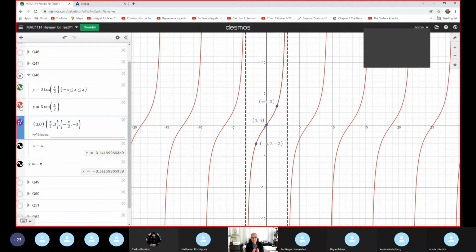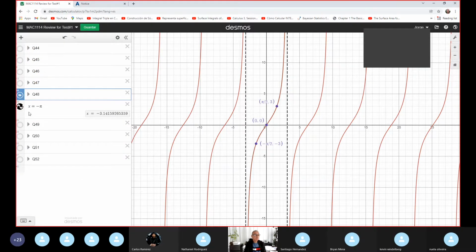So basically, guys, tangent contains 3 points and 2 asymptotes. Okay? And you determine the period. The period is the total distance between 2 asymptotes. And divided by 2 is the distance between 0 and one asymptote and 0 and the other asymptote. Okay? And (0,0) is a classical point in the tangent. Always.